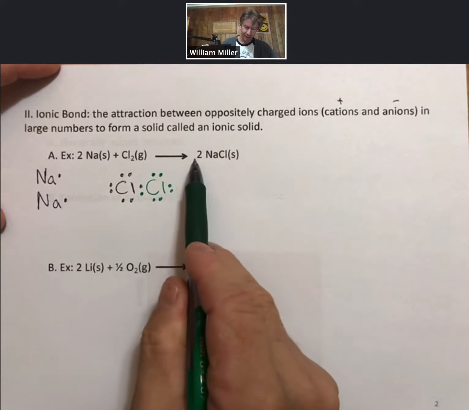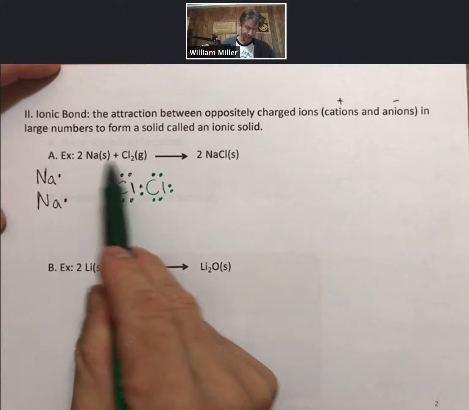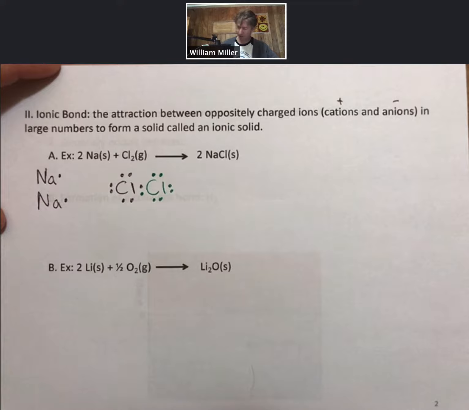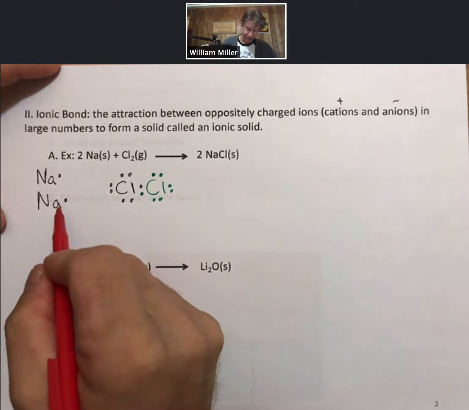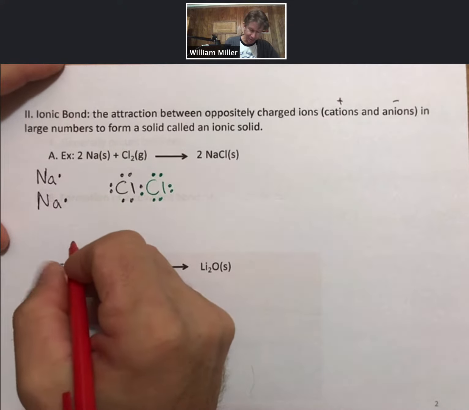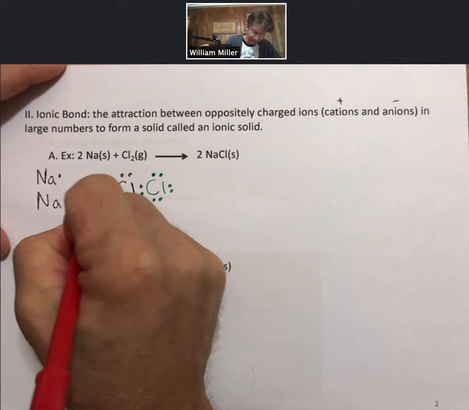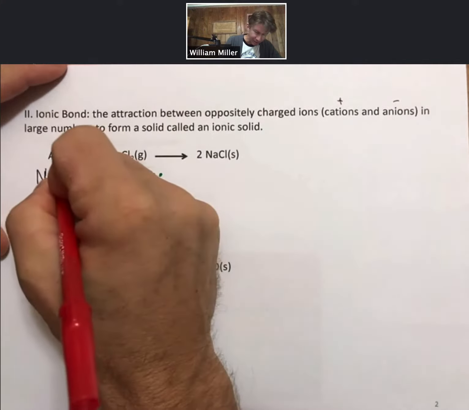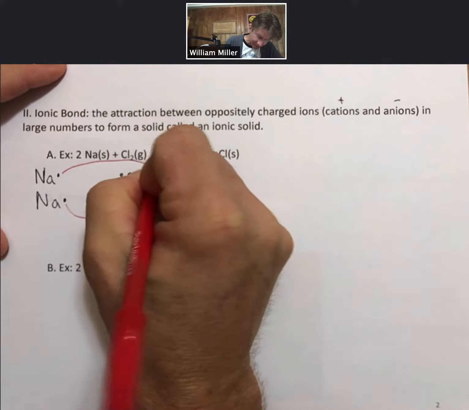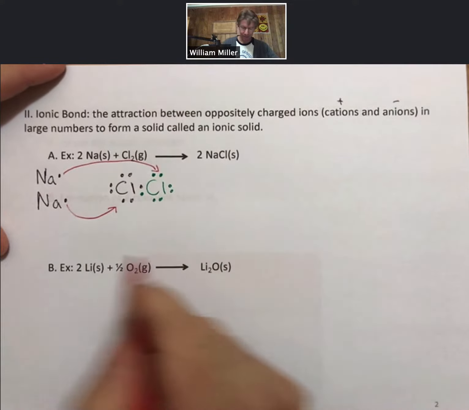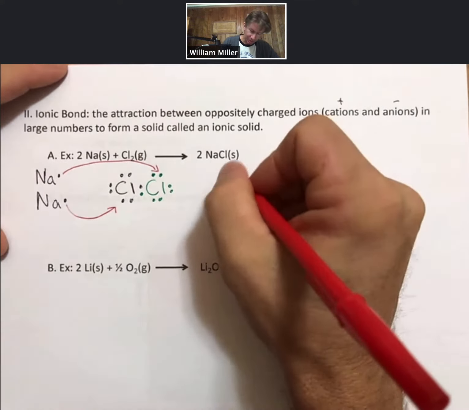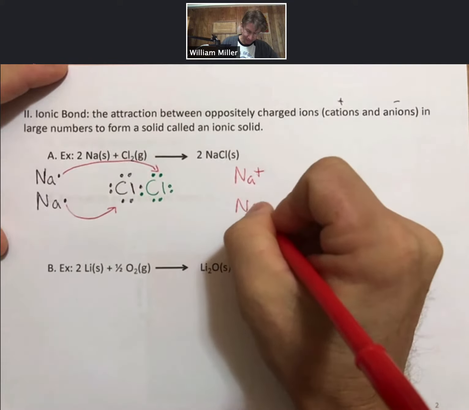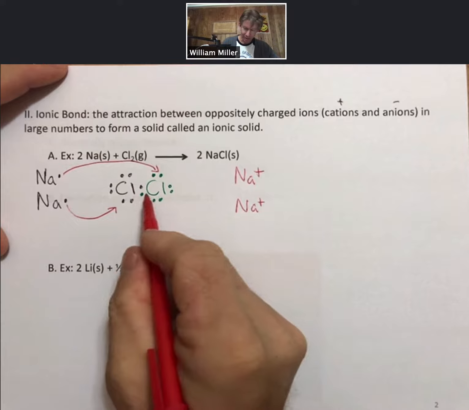As the atoms and molecules become sodium chloride, the sodium becomes sodium plus, so it's going to lose one of its electrons. We might imagine that one goes to one of the chlorines and the other electron goes to the other chlorine. That creates 2 Na pluses and 2 Cl minuses.